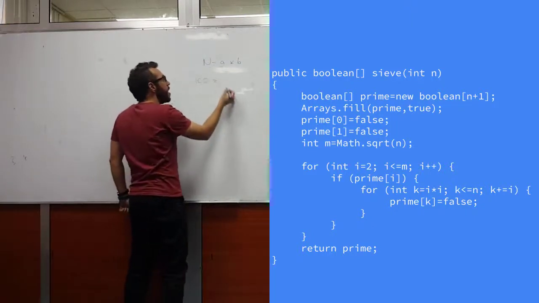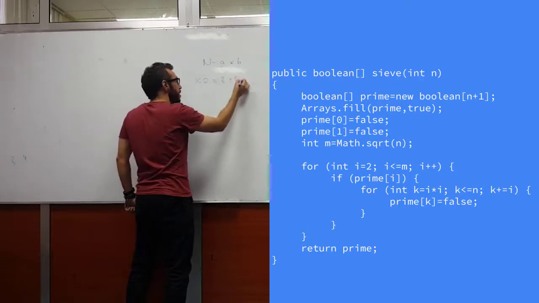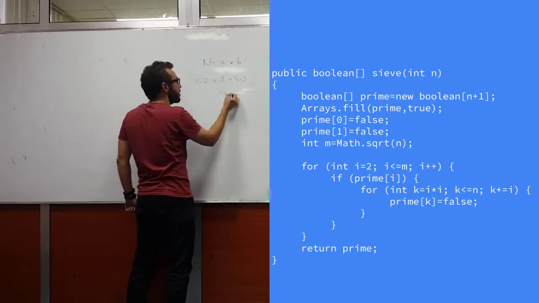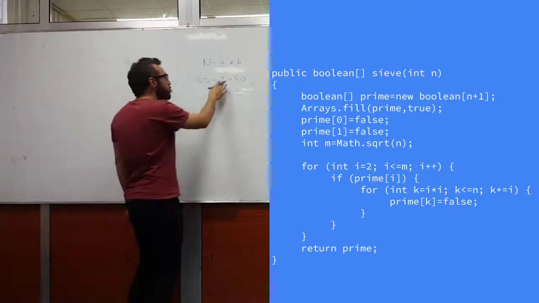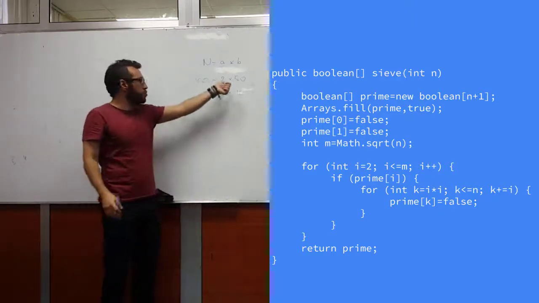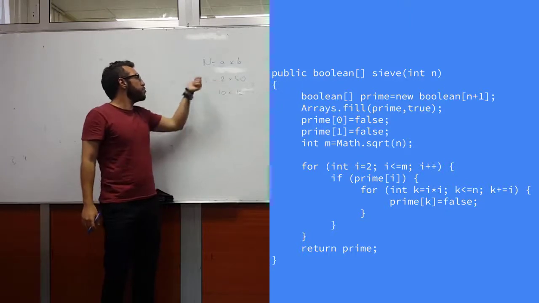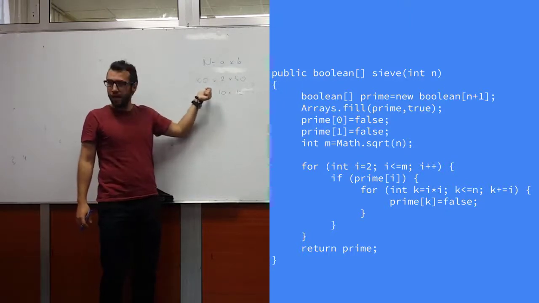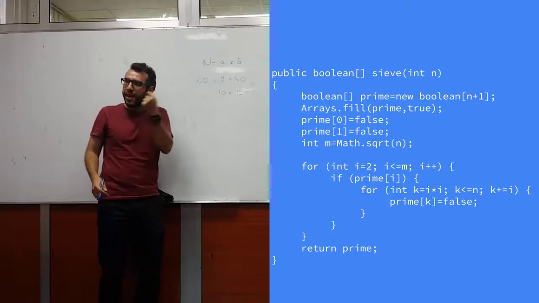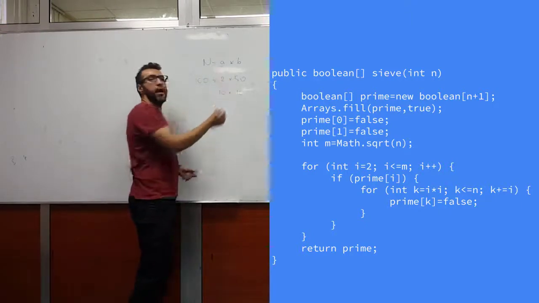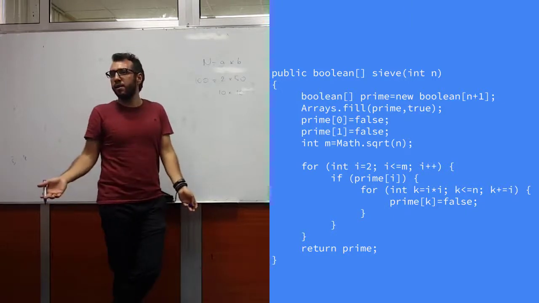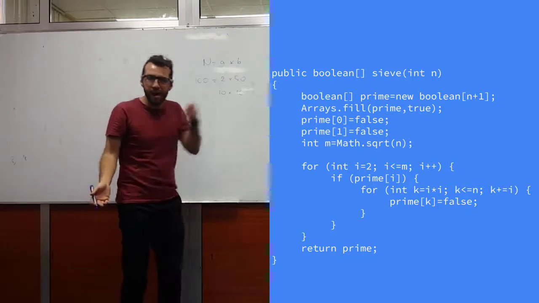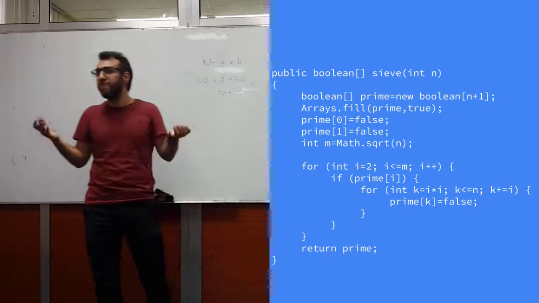We can write 100 as 2 times 50. At the same time, we can write 100 as 10 times 10, right? In the case of 2 times 50, if I check by 2, then I will be able to tell that 100 is not prime, right? So basically what I really care about is the smaller multiplier, because there is no point going up to the larger multiplier. With the help of the smaller multiplier, I would be able to mark that number as not prime anyway.